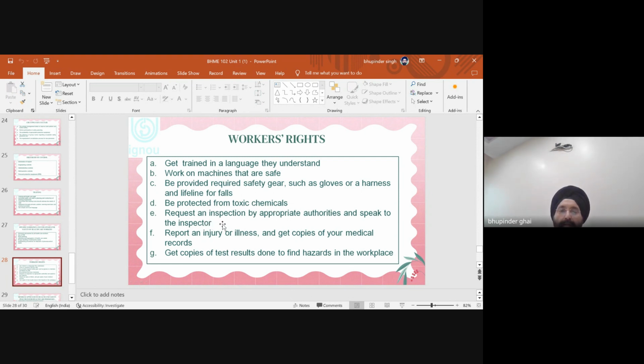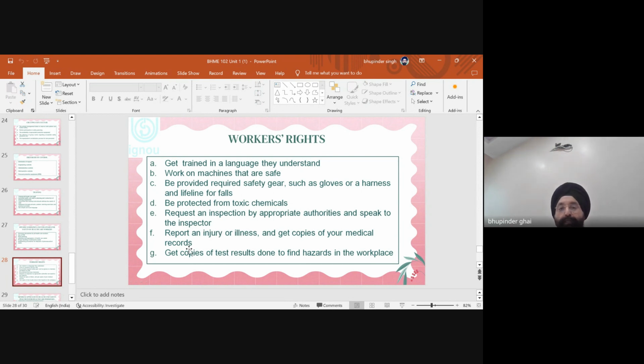They can request an inspection by the appropriate authority and speak to the inspector. That means they have a right to request the inspection of the workplace by the authorities. The authorities may be inspectors of factories or mines inspector or any third party, so that any hazards at the workplace can be identified.